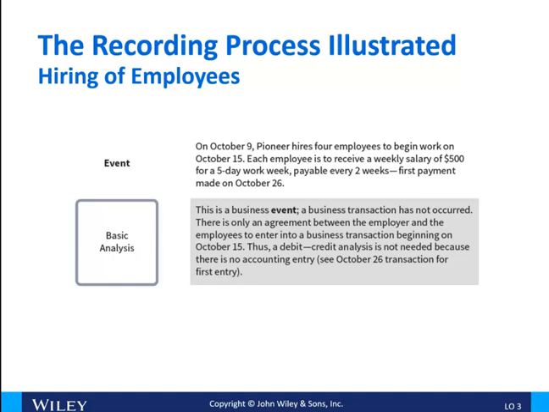It's an agreement that the employee is going to show up and work. So we don't need to do a debit credit analysis because there's no accounting entry to be made. The first entry related to this is going to be on October 26th when we make the first paycheck.